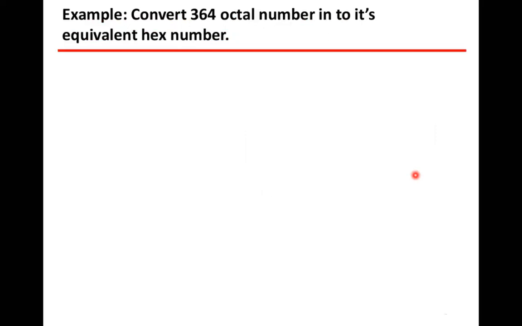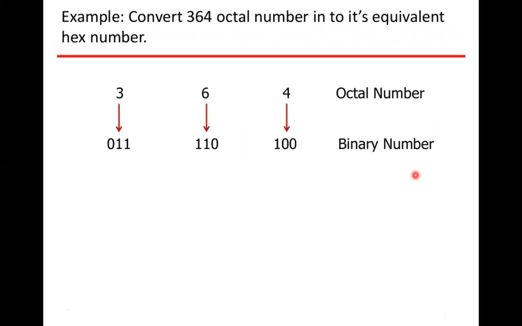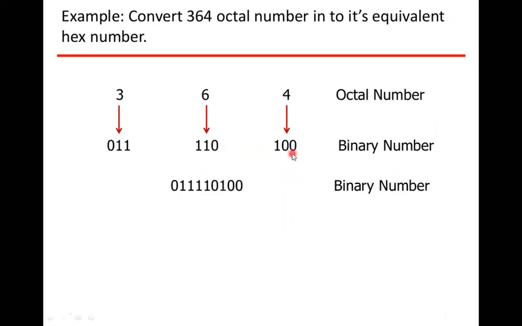So let's have a number, 364. Now 364 is the octal number. This we are converting into a binary number: 011110100, which we have written altogether as a complete binary number.